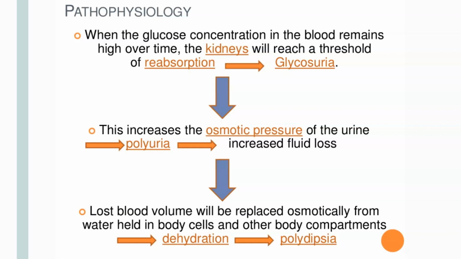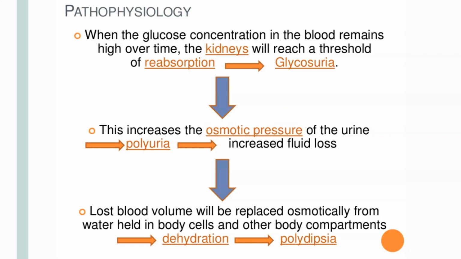And the repercussion here is that your kidneys might be affected. So, the kidneys will reach a threshold of reabsorption. It's going to destroy the very viscous blood with a lot of your sugar. Is going to destroy the permeability of your kidney tubules, and it will cause you to have your glycosuria.